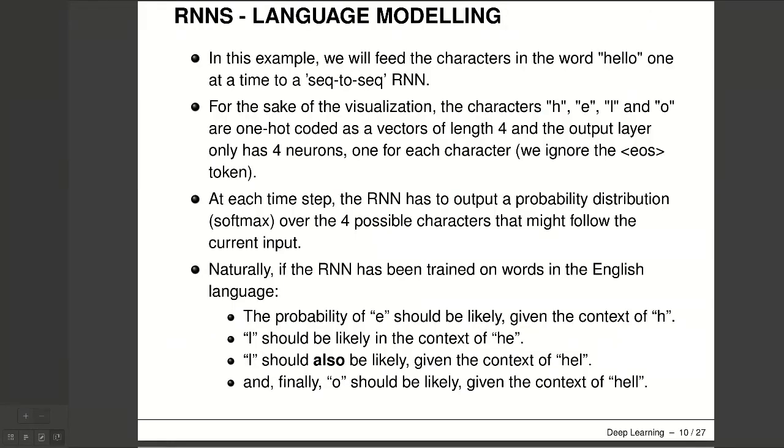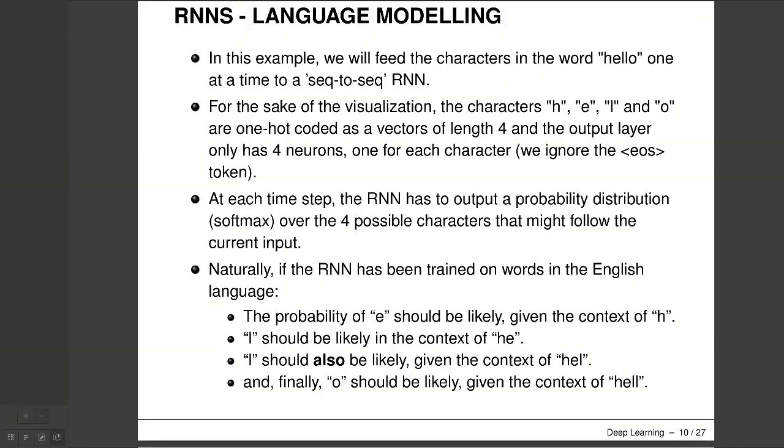Let's see an overview of RNN application for language modeling or sequence to sequence learning. In this example, the task is to learn a character probability distribution from input text. Suppose we have a vocabulary of four possible letters from hello, which are H, E, L, and O. Here we want to train an RNN on a training sequence of hello.